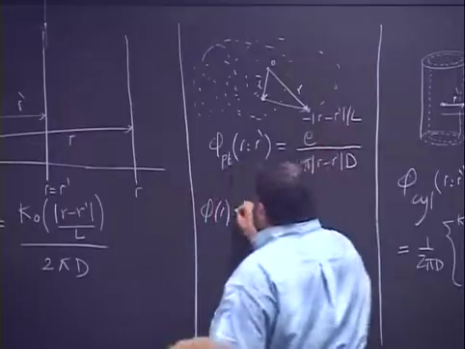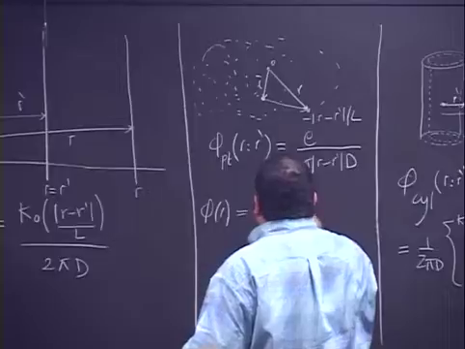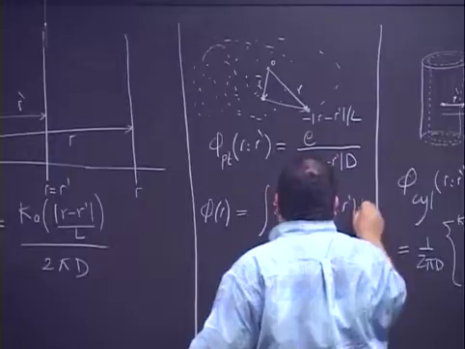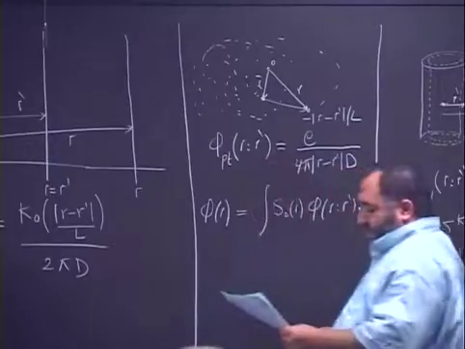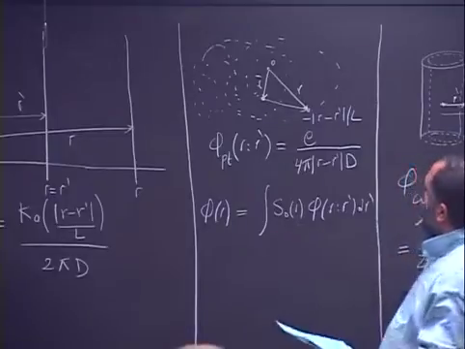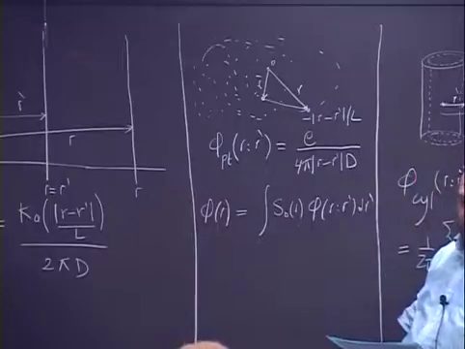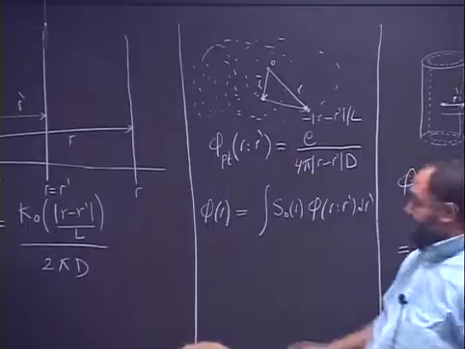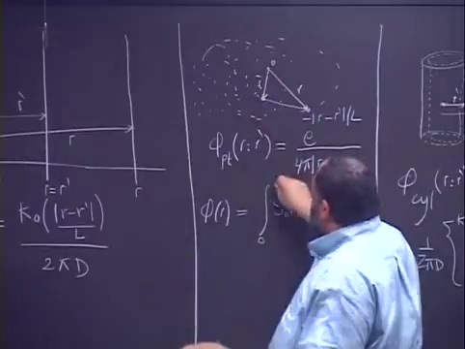All you will do is integrate S0 of r prime, phi of r, r prime, dr prime. And now, where do you think the limits of the integration will be? Zero to infinity, because you are integrating from the origin to infinity everywhere.